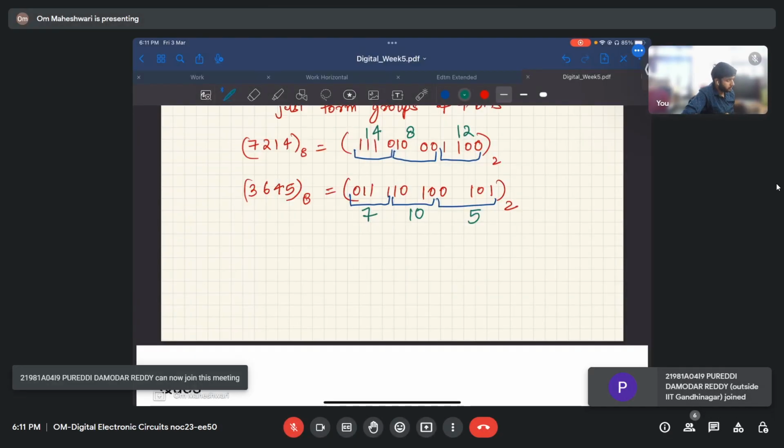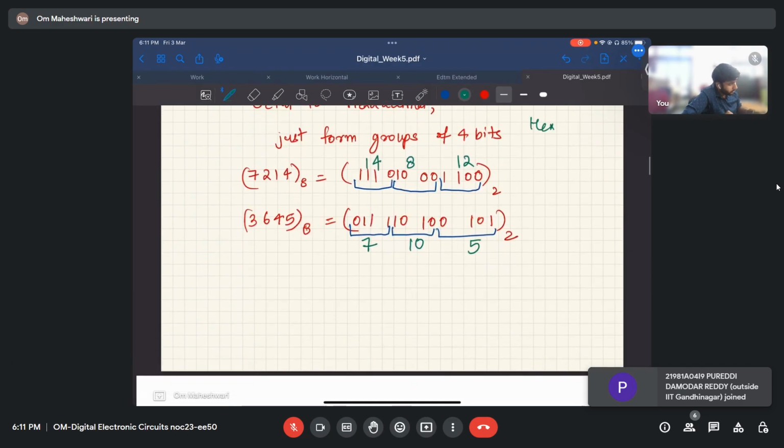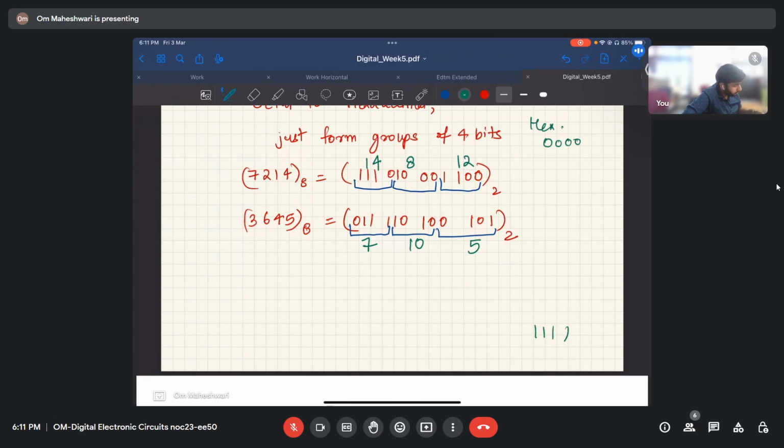Now in the hexadecimal system, we have 0000 to 1111. From 0 to 9 we can represent easily, like 1001 is 9. But how do we represent 10? We represent 10 as A, 11 as B, 12 as C, 13 as D, 14 as E, and 15 as F.